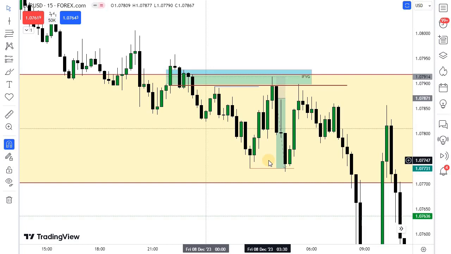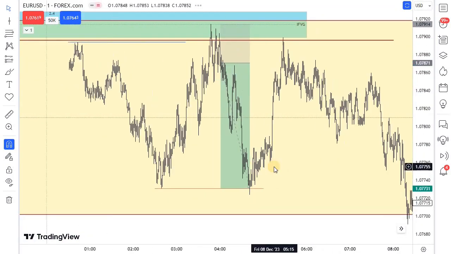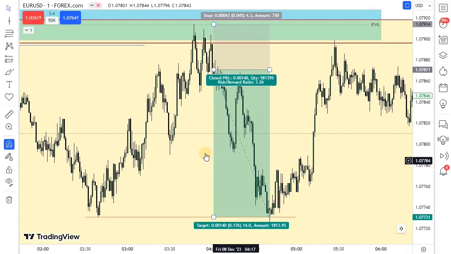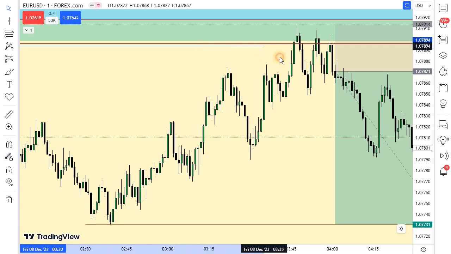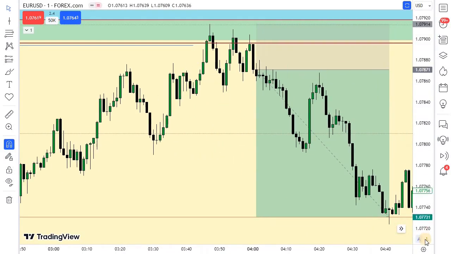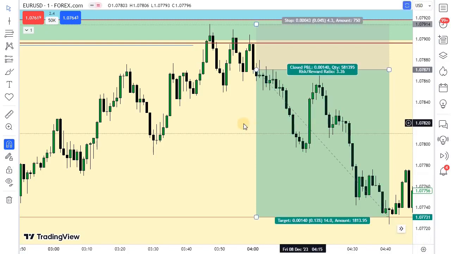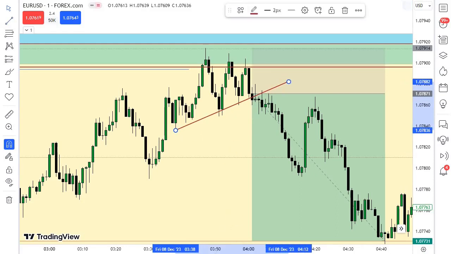Then I went to a 1 minute chart, and on the 1 minute chart, you could see after taking that short term high, what was price doing here? Try to see it. If you look closely, you'd see there was a bull flag.